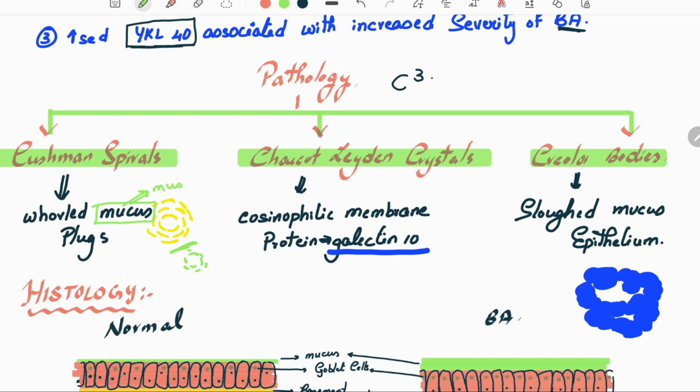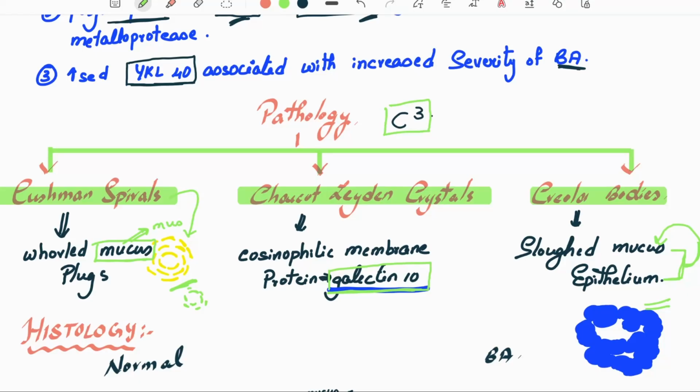Next one is Charcot-Leyden crystals. They are nothing but the eosinophilic membrane proteins, called galectin 10. Do remember like this: crystals are something like solids, and these solids are nothing but proteins. This protein is galectin 10, the eosinophilic membrane protein.